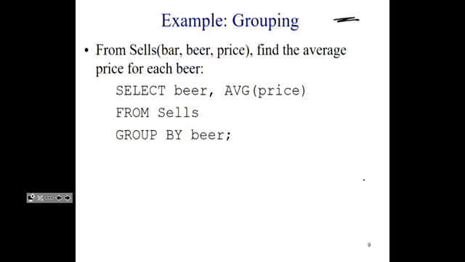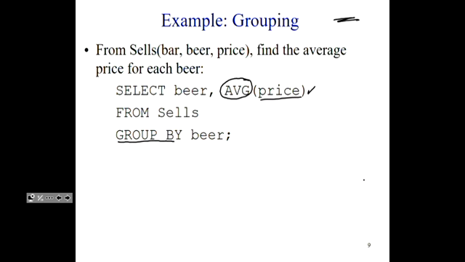Okay, so the first thing with an aggregation is that you can use an aggregation function and apply it to an existing attribute and list these aggregates as part of the select. So in this case, I've listed average price. In addition, there is this construct which we introduced, which is group by.